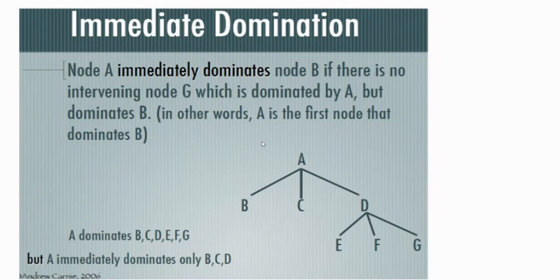It's under that branch. If there is no intervening node G. So the G is not immediately dominated by A.